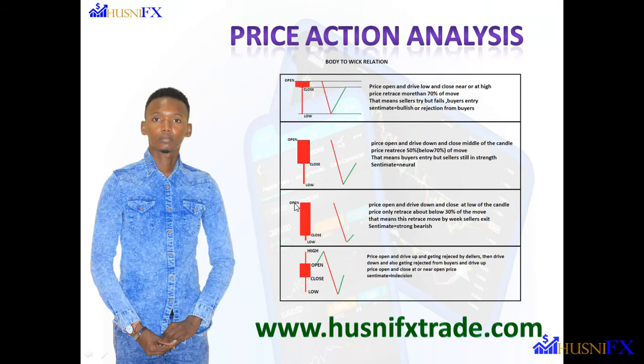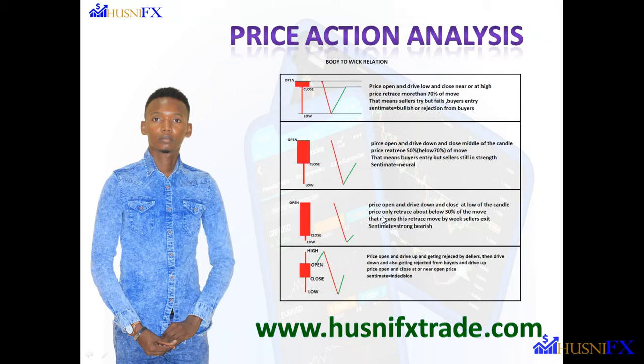So let us look at this candle where the price has opened and driven down. You can see the price closed somewhere near the low. So the price opens, drives down and closes at the low of the candle.